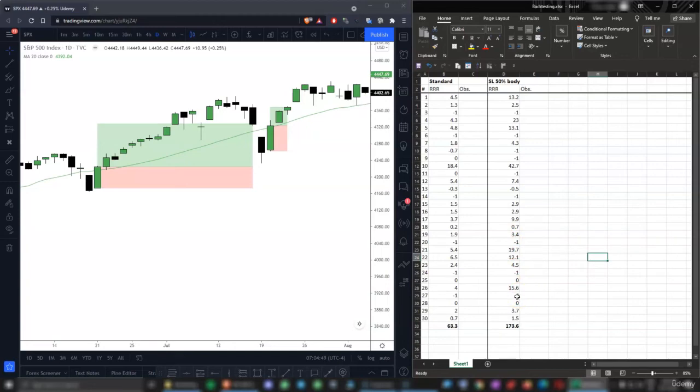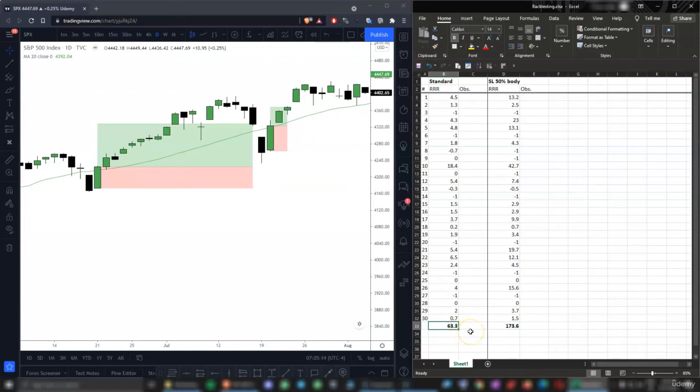So we have one extra loss. Let's say you make a mistake and you get 12 losses. So instead of 173, you'll have, I don't know, 160. It's still good. So this is 173 R. This is 63 R.